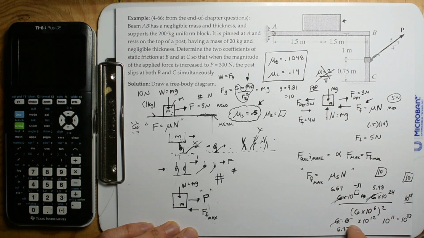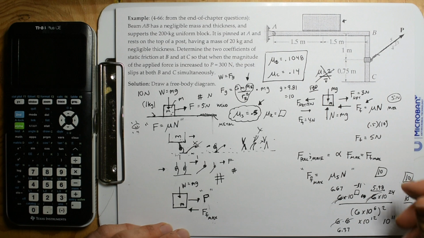Like, hey, there's a bunch of 6s, cancel them, and then just your 10s. And then start to memorize your decimals to 3 decimal places. 5.98, 6.37, and 6.67 times 10 to the negative 11. Cool. Awesome. Let's move on.